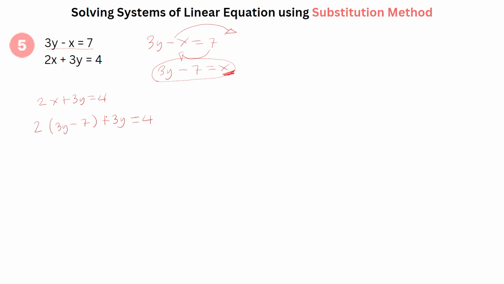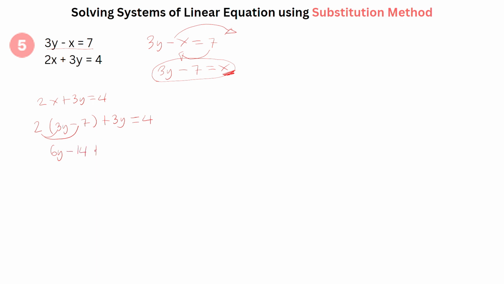Again, what I did here, I just replaced the x, so it's now 3y minus 7. Now what do we do here? Distribute. What is 2 times 3y? That's going to be 6y. And what is 2 times negative 7? That's going to be negative 14.